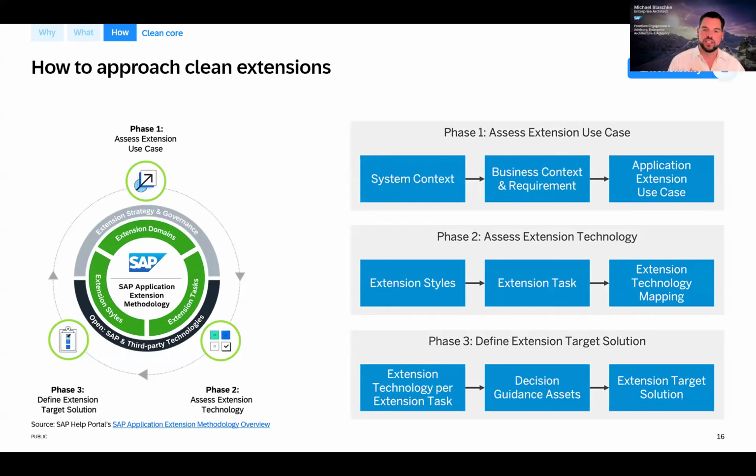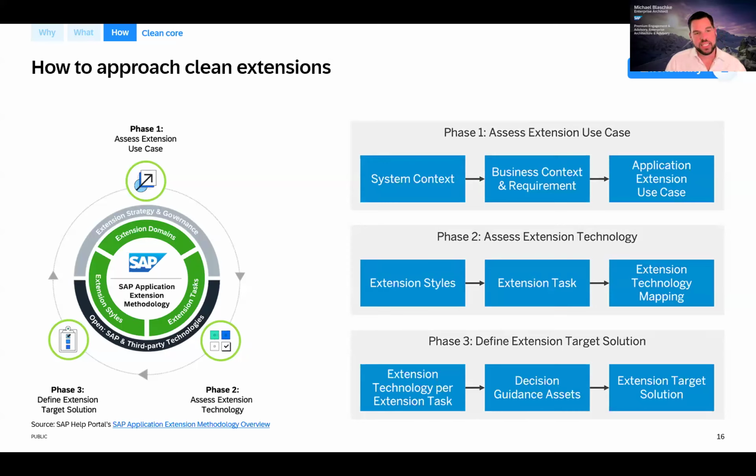Following this method ensures that everyone in your project uses the same terminology to extend and quickly arrives at a common understanding of the business use case and future solution. I think if you adopt such a method, you'll gain an overview of possible technical extension building blocks and make informed decisions about your organization's future extension architecture.